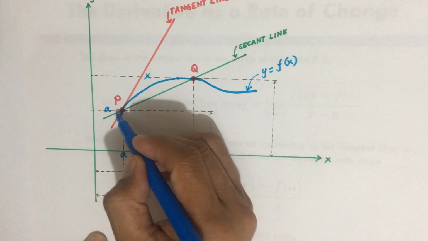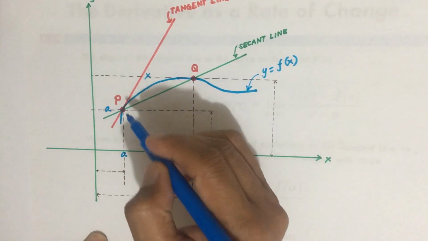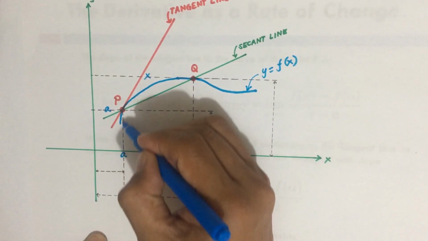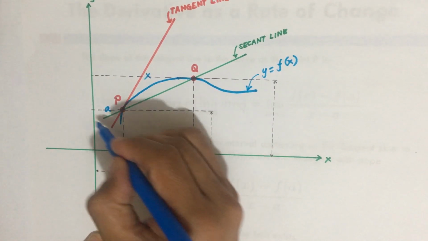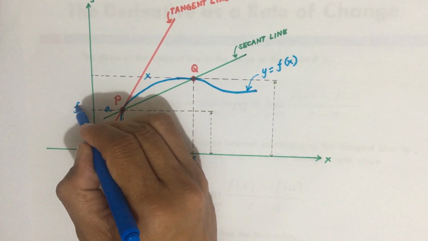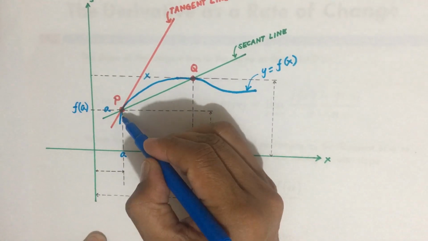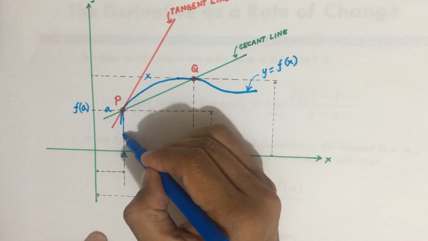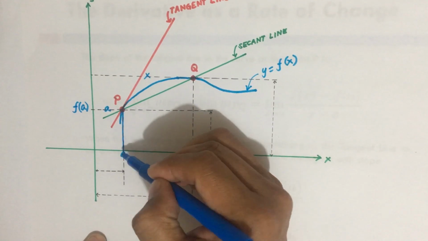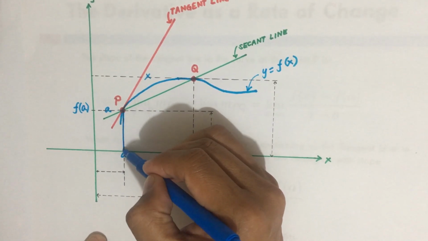Therefore, this is this distance here. This is our f of a, and we put it here as f of a. This is the distance from the x-axis towards point P.